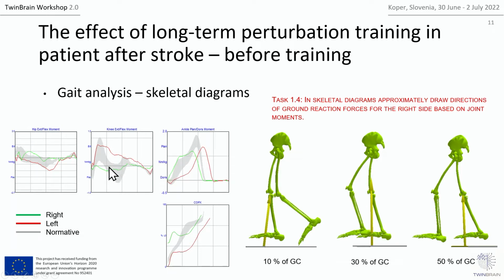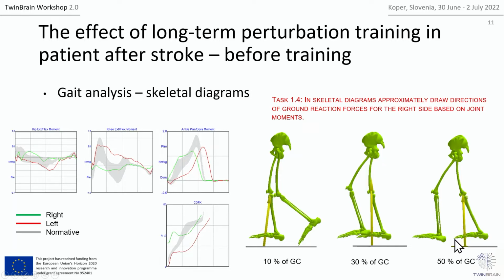There is a slight flexor moment present in the knee joint, so the ground reaction force has to pass the knee joint slightly on the anterior side, almost crossing the axis of rotation because of the small amplitude of the torque. And in the hip joint, again, there is a very small moment present, so the ground reaction force should be close to the hip joint in the mid stance.